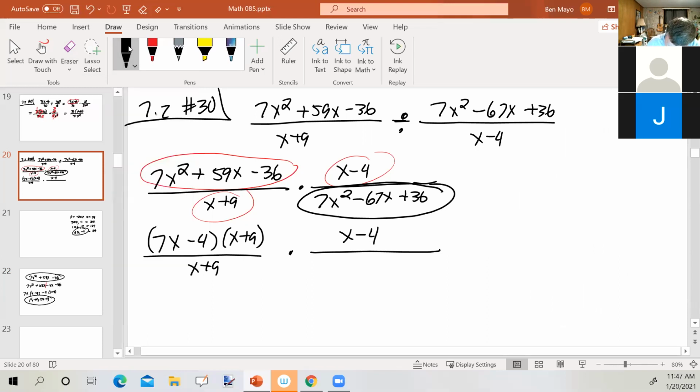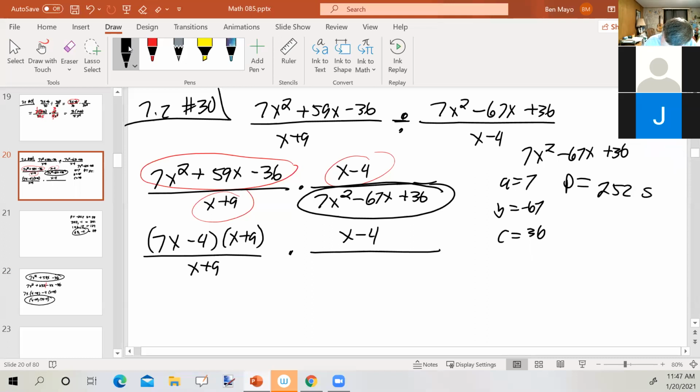Okay, so I've got 7x squared minus 67x plus 36. A is 7, B is negative 67, C is 36. The product is that positive 252? And the sum is negative 67.